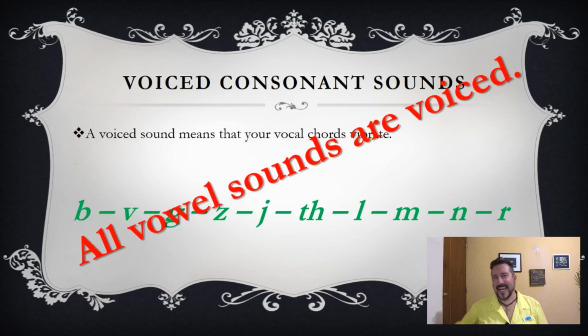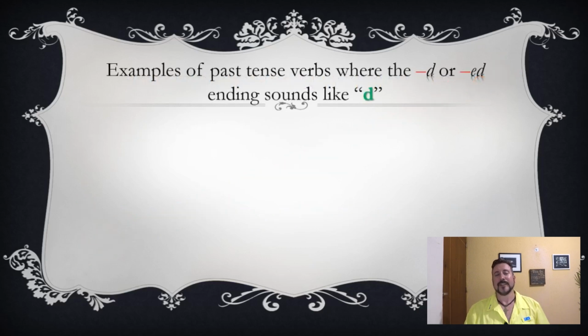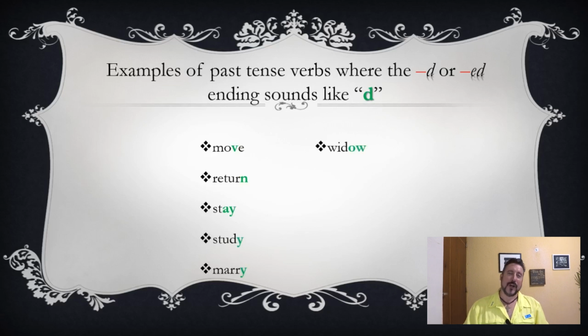So if any regular verb ends with a voiced sound like this, you have to add the D sound. Okay? So let's look at some examples. We have move, return, stay, study, marry, widow, raise, engage, travel, and bathe.